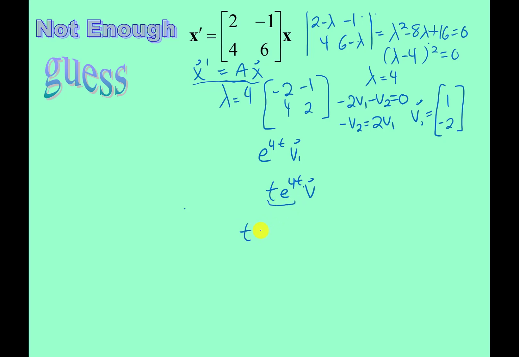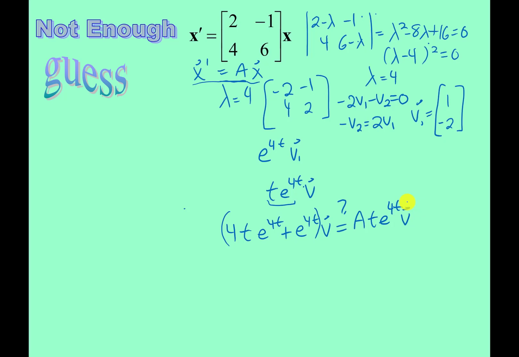So I've got first times the derivative of the second plus the second times the derivative of the first, and then remember v is just a vector of constants, so we can just stick that on the end. We want to know, does that equal A times that solution, t e to the 4t v?